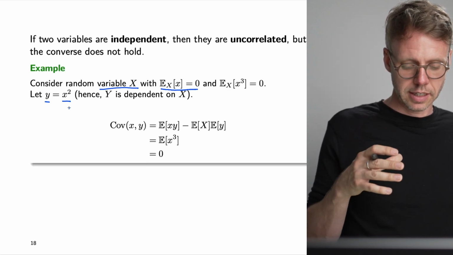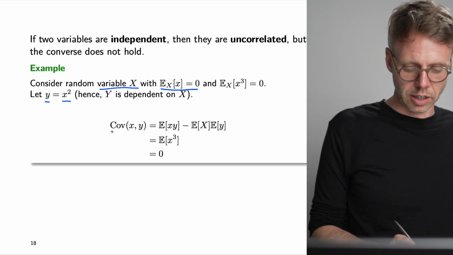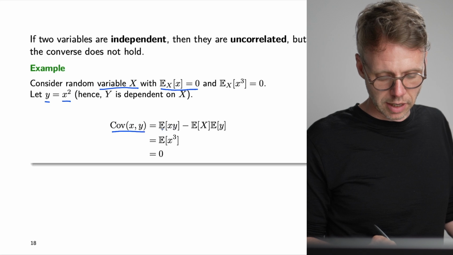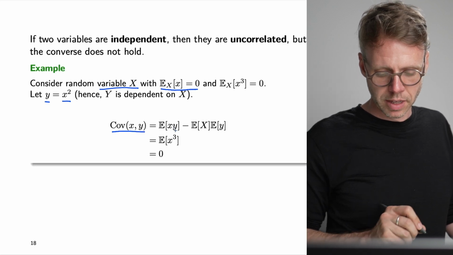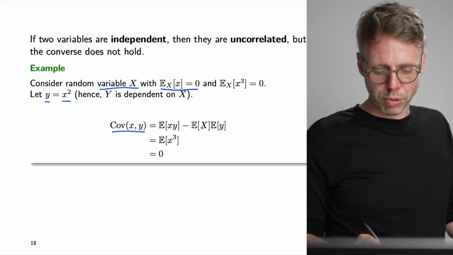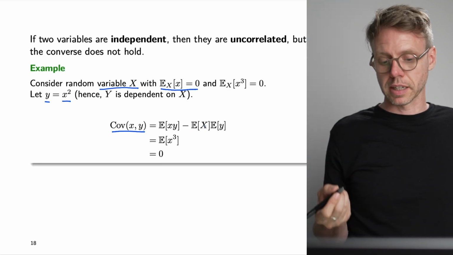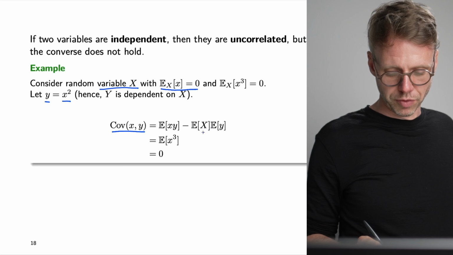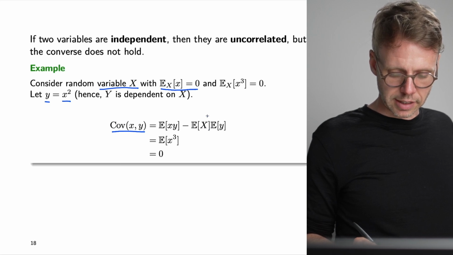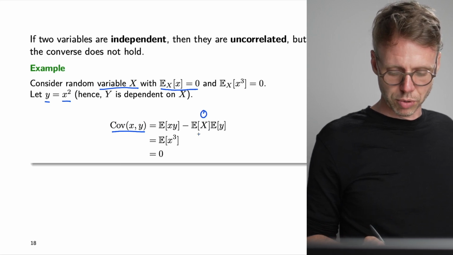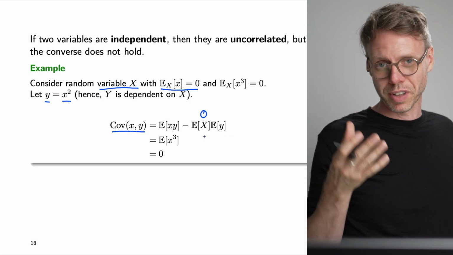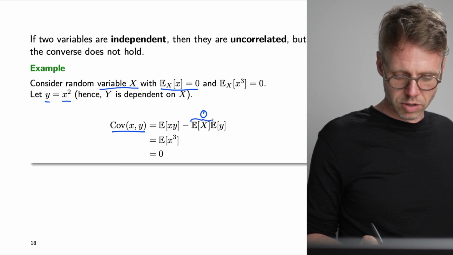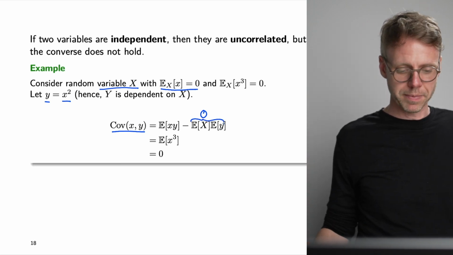it is uncorrelated. The covariance between x and y, if we compute that, is given by the expected value of x times y minus the product of the two expected values. Now the expected value of x is 0. So the product of the expected value of x and the expected value of y is 0, no matter what the expected value of y would be.